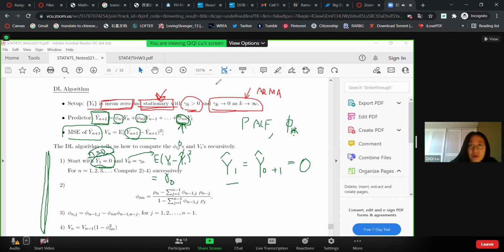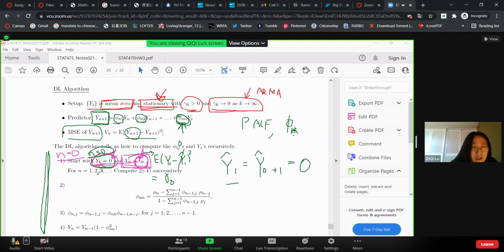So we start with n equals 0, y1 hat is 0, the process mean. So your forecast is the process mean. Your mean square forecast error is just gamma 0, the process variance. We start from here.